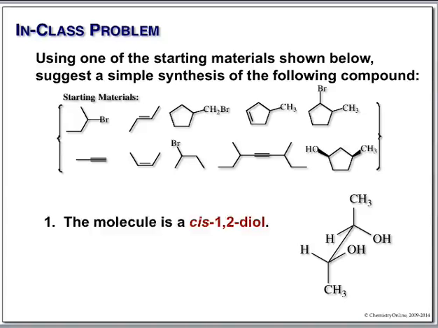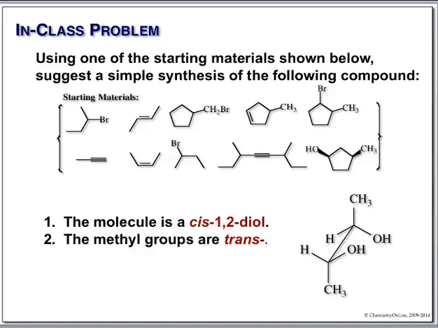The compound we're looking for must have 1, 2, 3, 4 carbons and a double bond. So we look at our selection up top. We also note that our methyl groups here are on opposite sides of our molecule. So we're looking for 4 carbons.